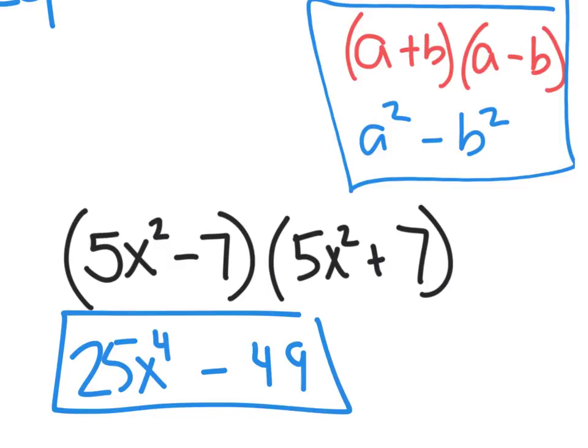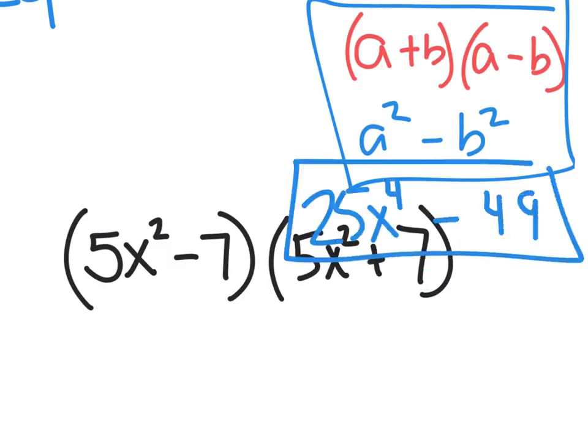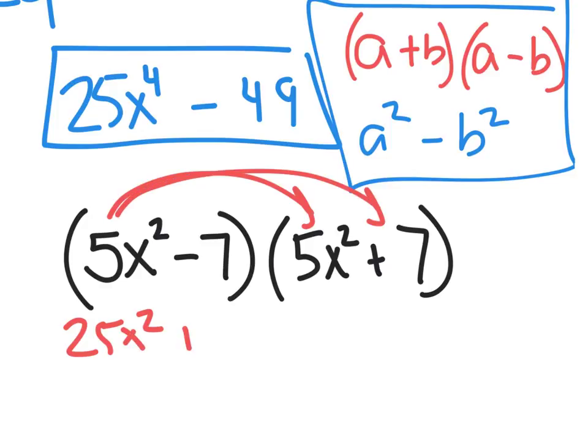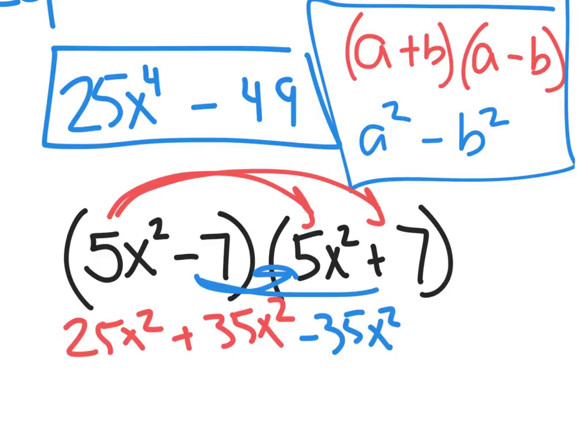Now, even if you don't want to learn this shortcut, after doing the long method so many times, you're going to come up with a shortcut on your own anyway. Check it out. Let's say you distributed 5x squared times 5x squared, 25x to the fourth. 5x squared times 7, that's 35x squared. And then if you distribute negative 7 times 5x squared, that's negative 35x squared. And negative 7 times positive 7, negative 49.